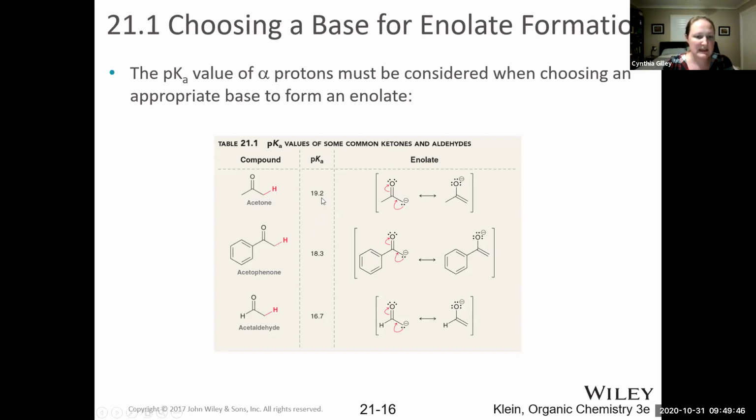If we look at the pKa value, it ranges between about 17 and 19. So recall that that is about as acidic as water in this case, and slightly less acidic for the alpha position of a ketone. It's good to keep those pKa values in mind as we start talking about the appropriate base that needs to be used to form an enolate.